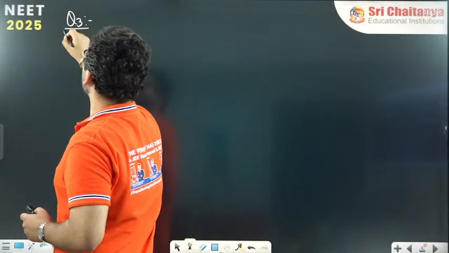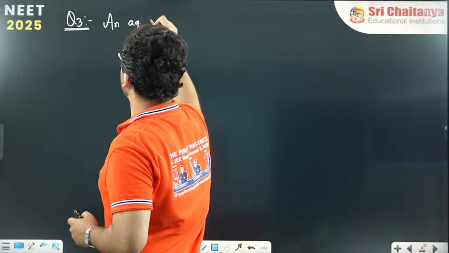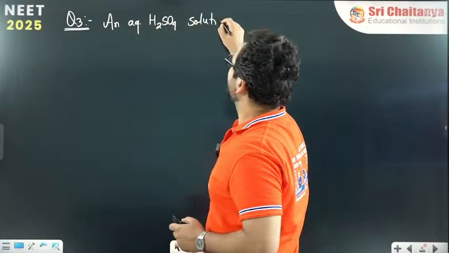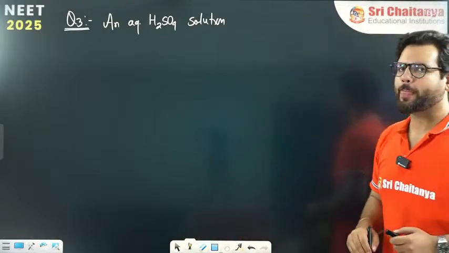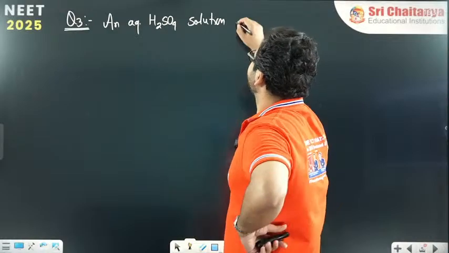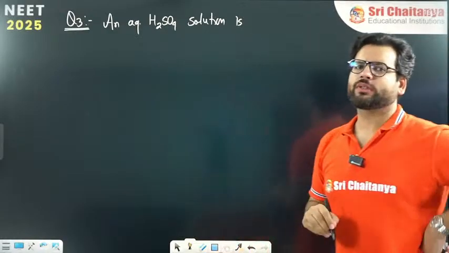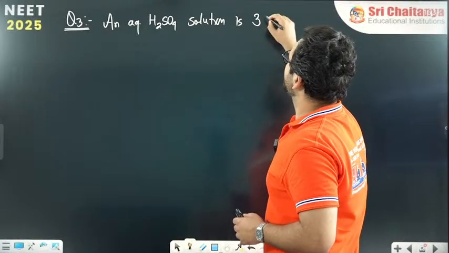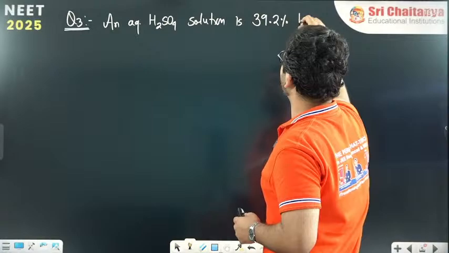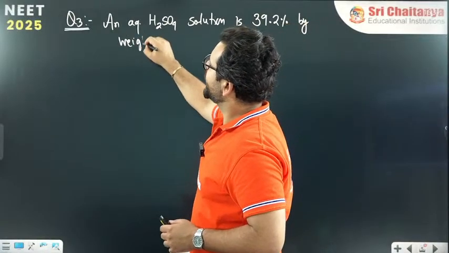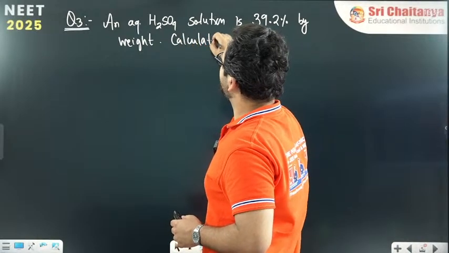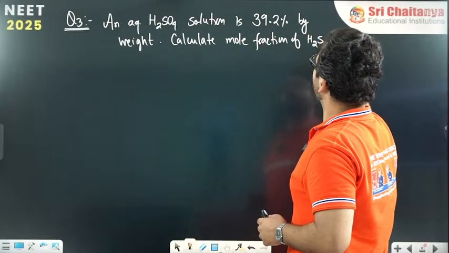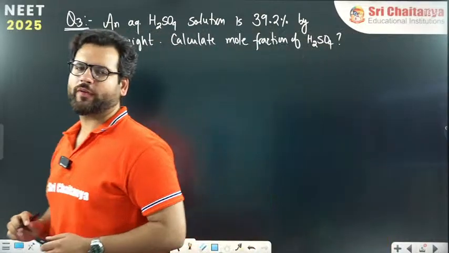Tell me, an aqueous H2SO4 solution is 39.2% by weight. Calculate the mole fraction of H2SO4.